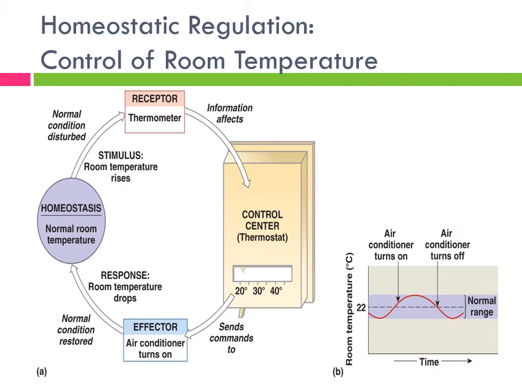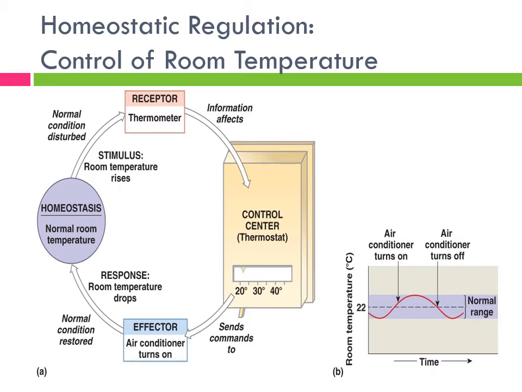In this instance, we're looking at room temperature. The receptor is a thermometer. So the thermometer is basically just reading the temperature of the room. And then the thermometer sends that information to the thermostat. So the thermostat is really our control center. It's getting information from the thermometer and then sending information to the effector about what to do.